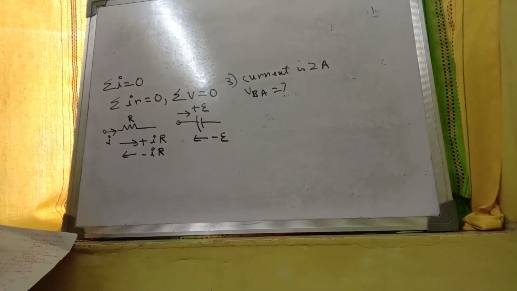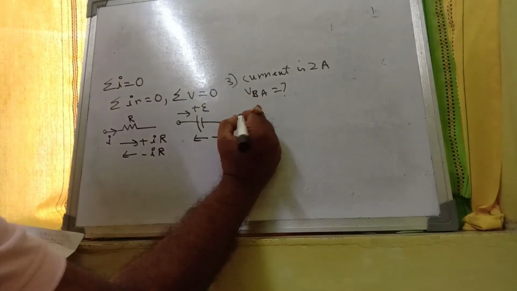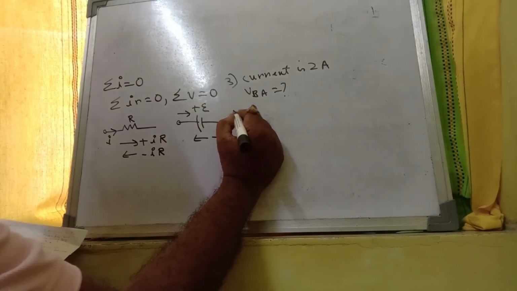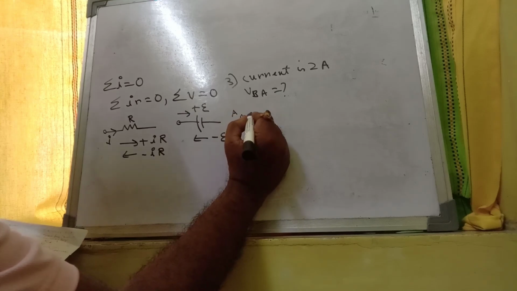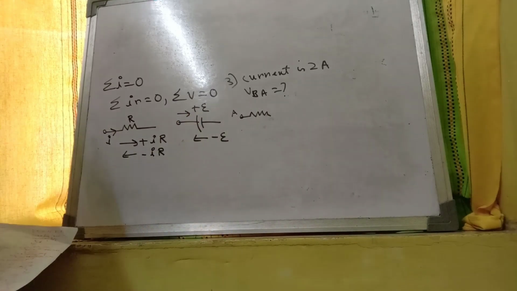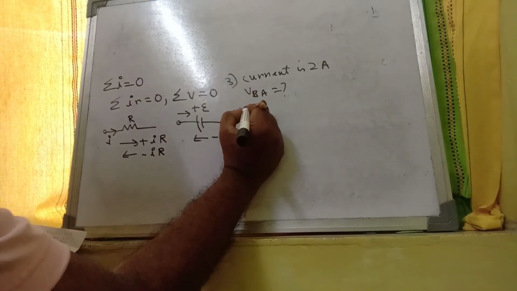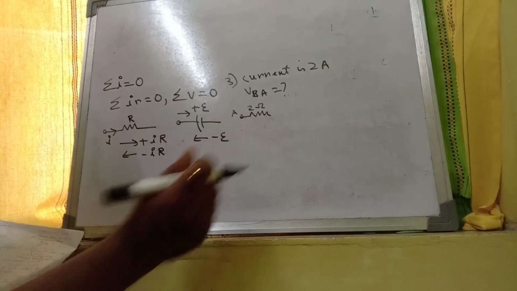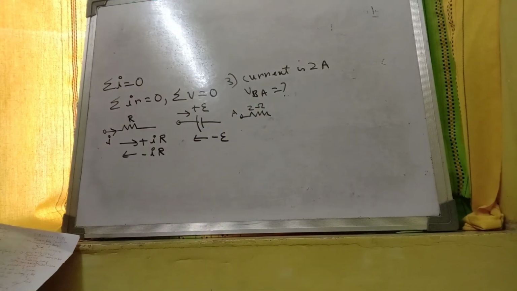That's my question. So I draw the circuit. DC, 2 ohm, and remember 2 ampere current is flowing, even if I am not mentioning it on the circuit. So take notice of this.